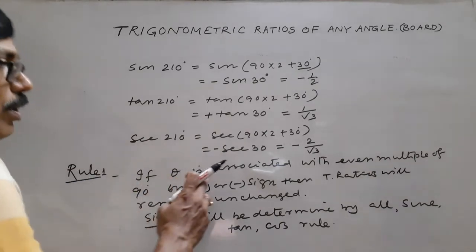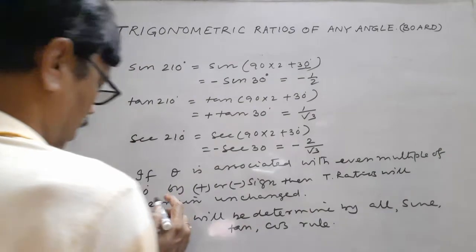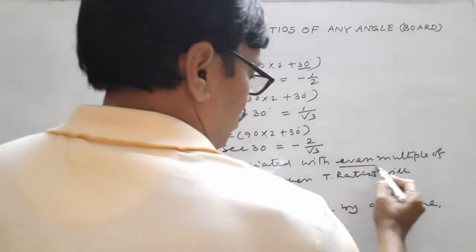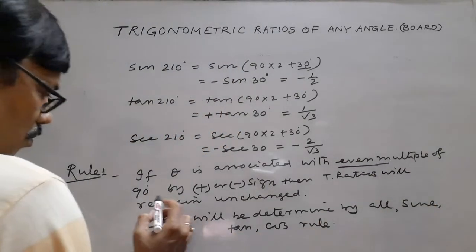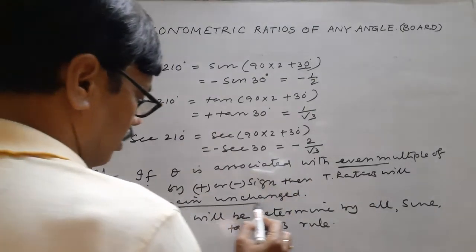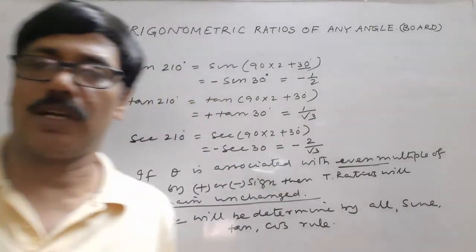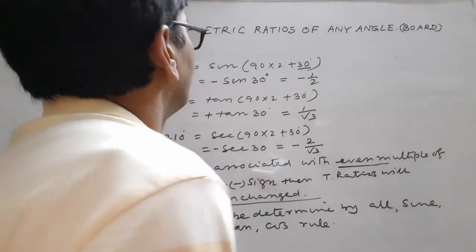Look again, if theta is associated with an even multiple of 90 by plus or minus sign, the T ratio will remain unchanged. So this is our rule.